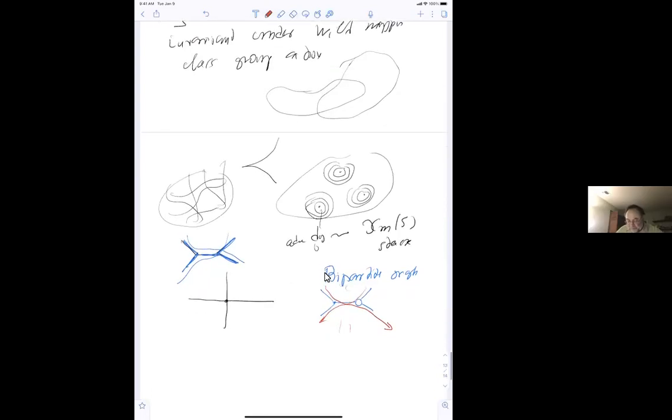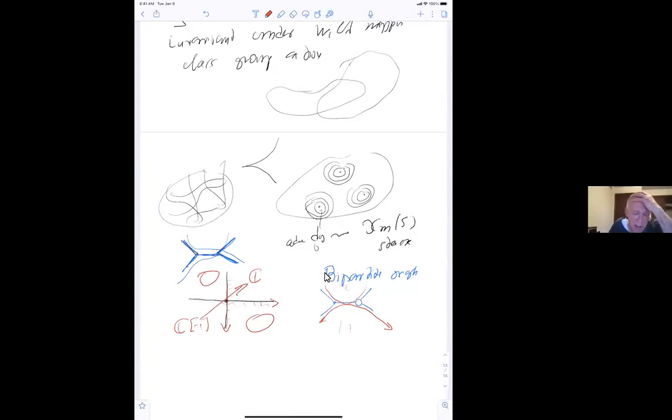If I draw the zigzag paths this way, just to be concrete, this gives me co-orientation because they are oriented zigzag paths. If I consider the moduli space of these admissible DG sheaves, which are postulated to be 0 here and 0 here, then it will look like this. This will be in degree -1, and this will be in degree 1, and there will be a canonical arrow here.